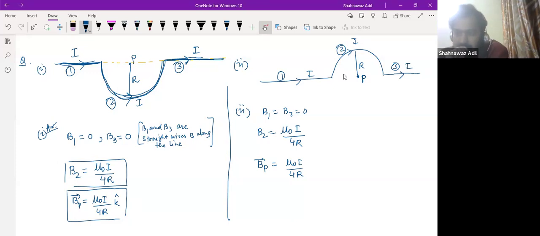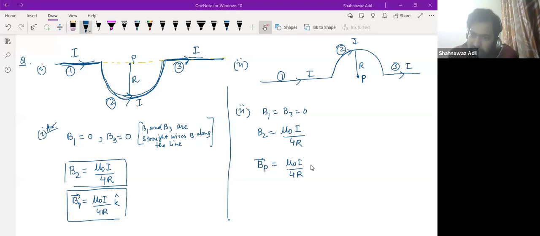Can you show me a visual representation of it? Because we're using the right hand thumb rule. How will it go inwards, sir? So your current is going in this direction.